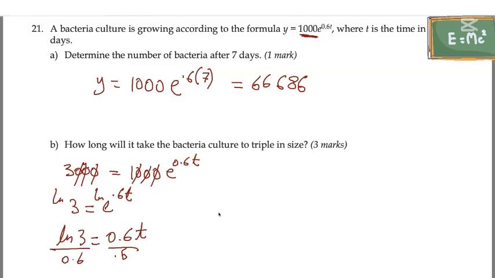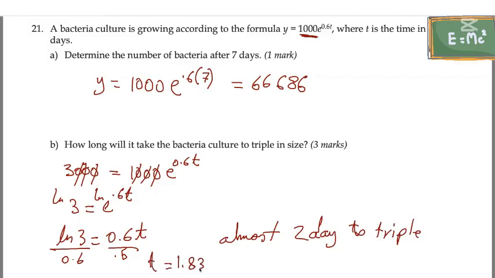So it will take 1.8 of a day, so almost 2 days to triple. So t here equals 1.83.